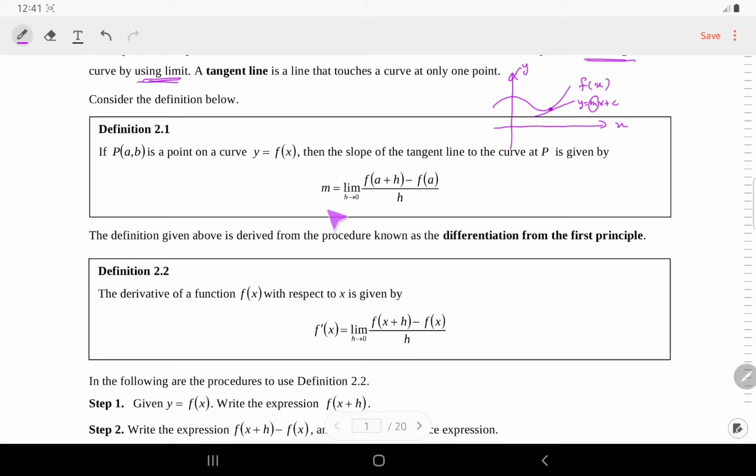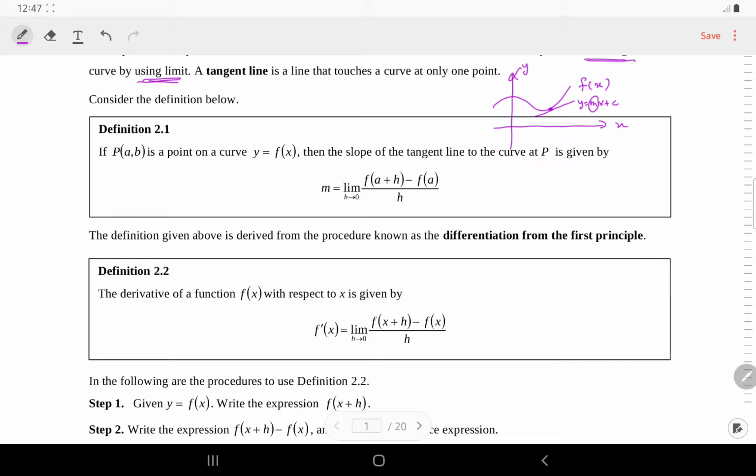It means that we can get the value of m from the differentiation of the function, because m is equal to the differentiation f prime. So to find m, we need to differentiate this function, and then insert the value of x here, so we can get our value of m.